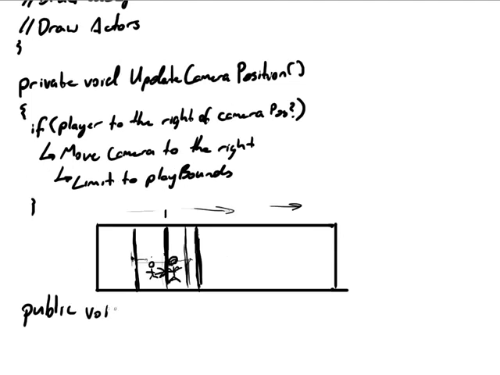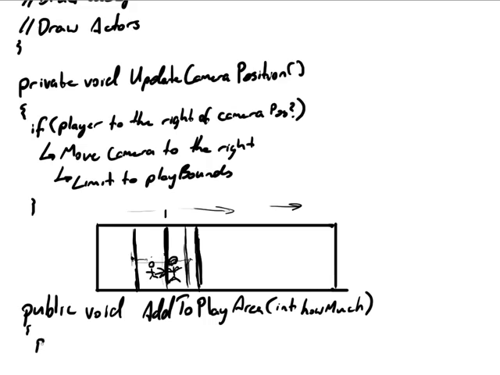Public void add to play area takes in an int, and we'll call that int how much, which is how much do you want to increase the play area by, and that says play bounds dot width, because it's a rectangle, plus equal to how much.